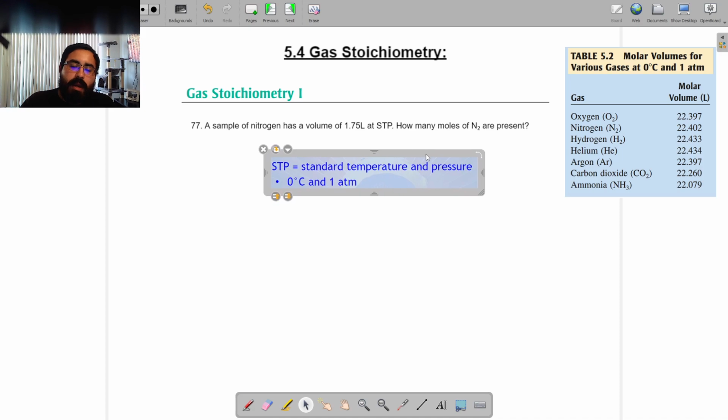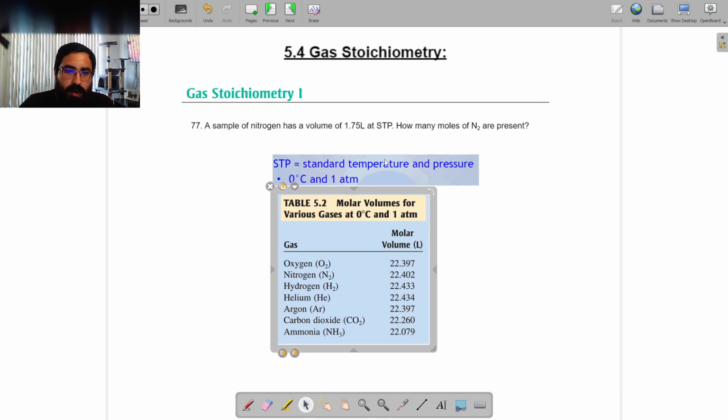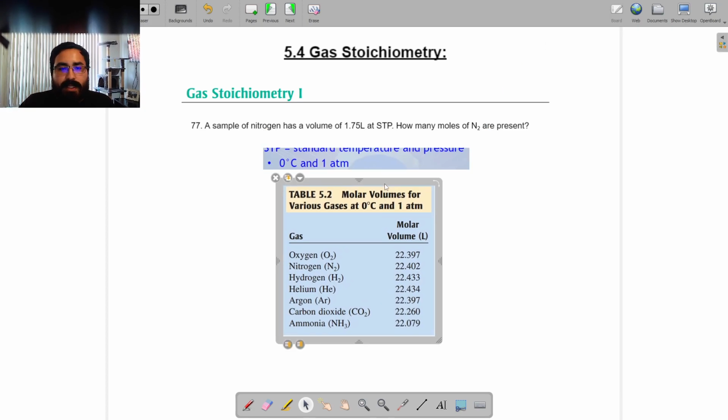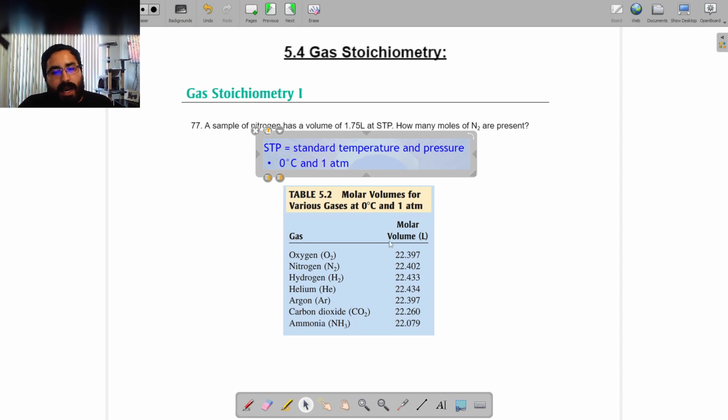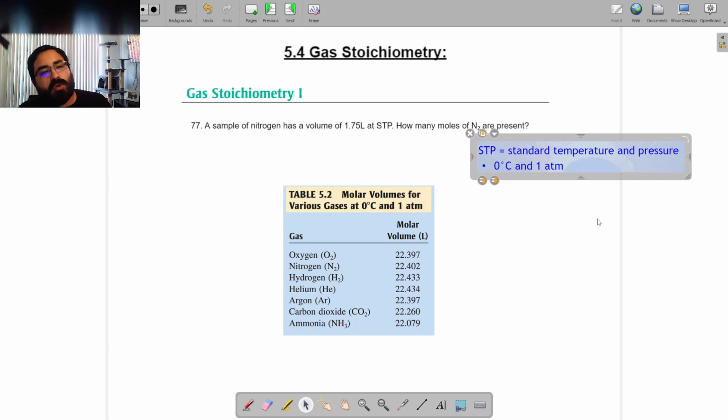We're going to talk about something called molar volume, right? And that has to do with this little table right here. Very, very important table. Table 5.2 shows what you call your molar volume.